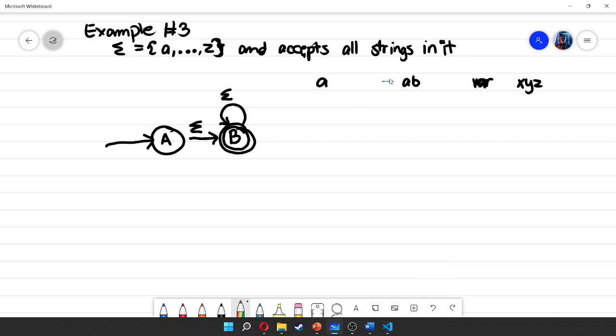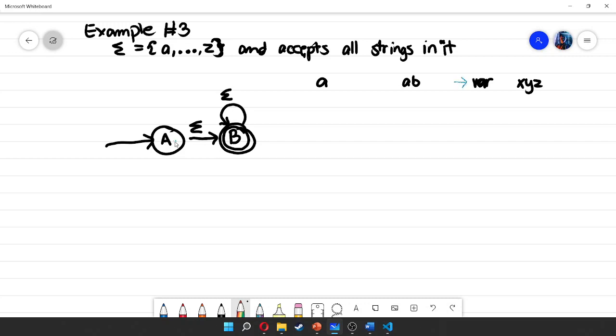Okay, next kani, AB. So let's start in our initial state, capital A. Then nakakita siya og symbol nga A, goes to state B. Diba? Then, while on state capital B, nakakita siya og small letter B, you go to state B. Then state B is final state, therefore the string AB is accepted. Next, what if ang string na to kay var?